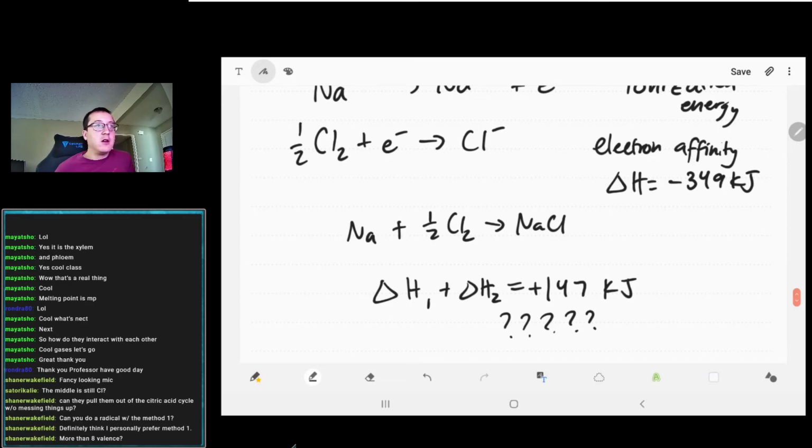However, we know that sodium plus chlorine react very readily together. It's actually quite exothermic. It's explosive. But our calculations here, whatever it happens to be, I probably got the number wrong, but it's endothermic.